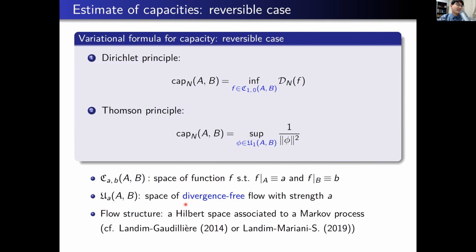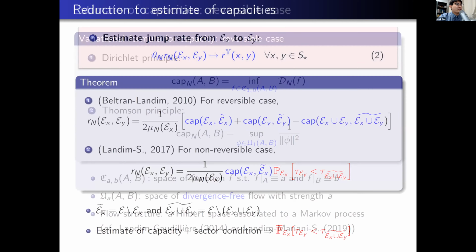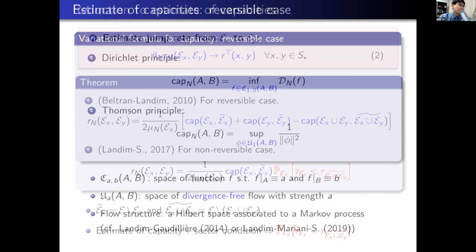The problem is that a divergence-free flow is very hard to construct in general. So instead of this Thomson principle, we usually use a Cauchy-Schwarz type of argument for the reversible case. That is the typical story for the reversible case. It's relatively easy to estimate capacity, so that we can estimate this mean jump rate.